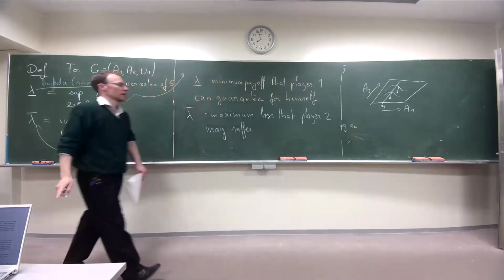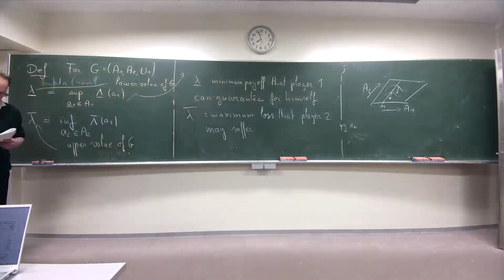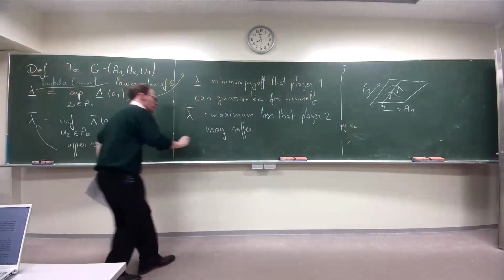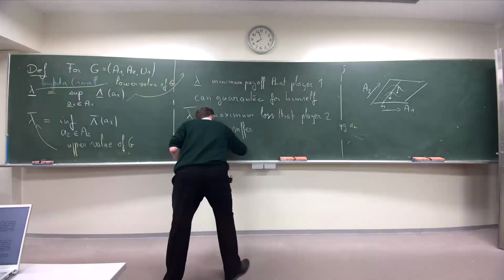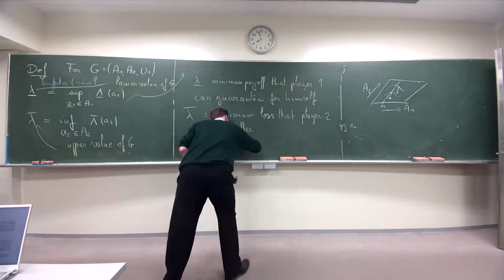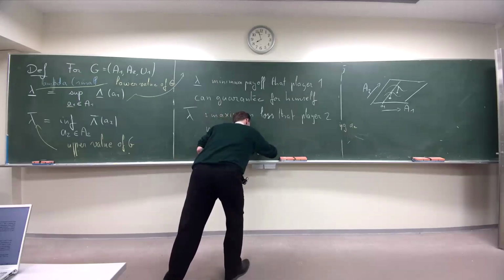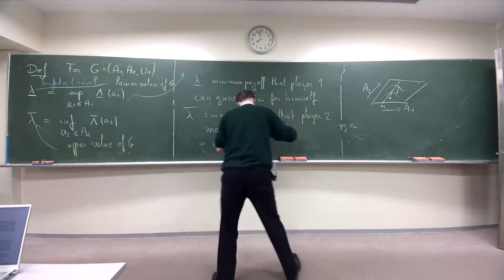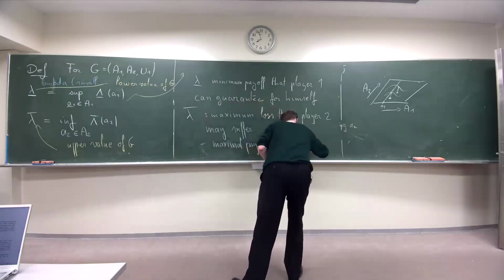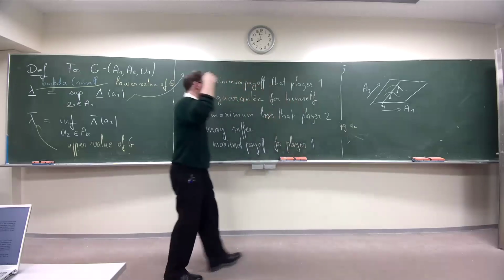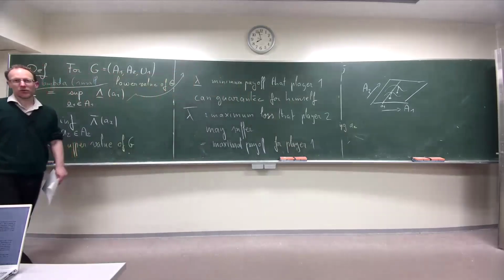But this is also equal, because of the change of sign, to the maximal payoff for player one. Because the gain of one player is the loss of the other one.